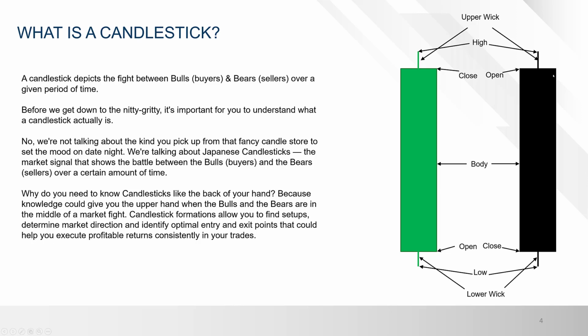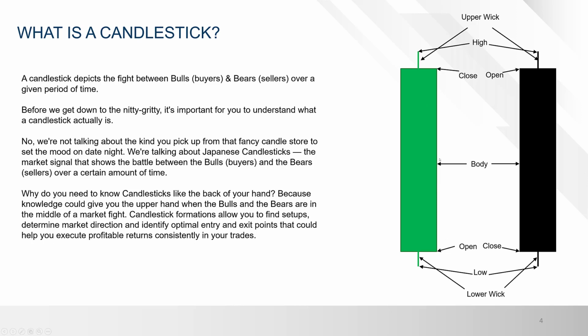For the sake of this course, my bullish candles are going to be green and my bearish candles are going to be black. This is my own personal preference, because color coding of the candlestick is up to you. Some people like to use red on their bearish candle. Some people like to use white on their bullish candle.